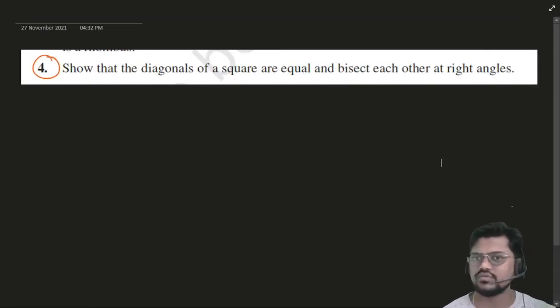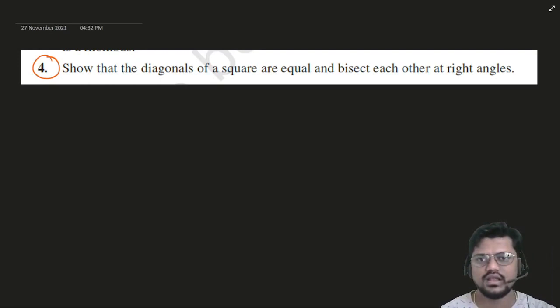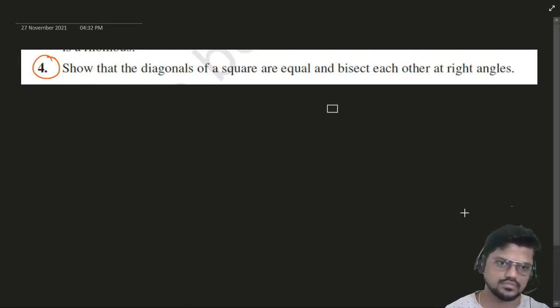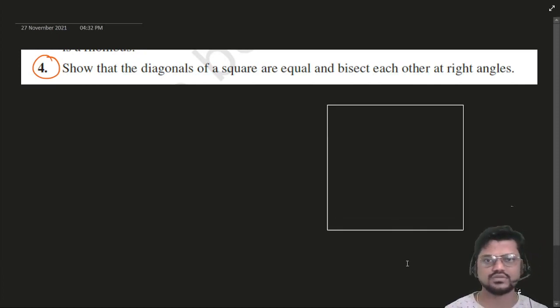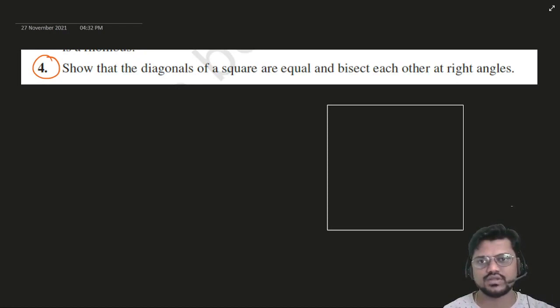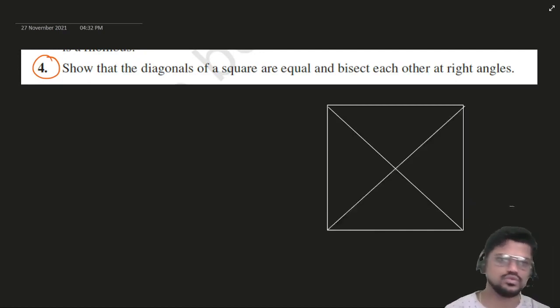Now, what you have to do in this question: show that the diagonals of a square are equal. Let us draw one square. Now this is a square, and you have to prove that the diagonals are equal. If I draw these two diagonals, I need to show that the two diagonals are equal and bisect each other at right angles.